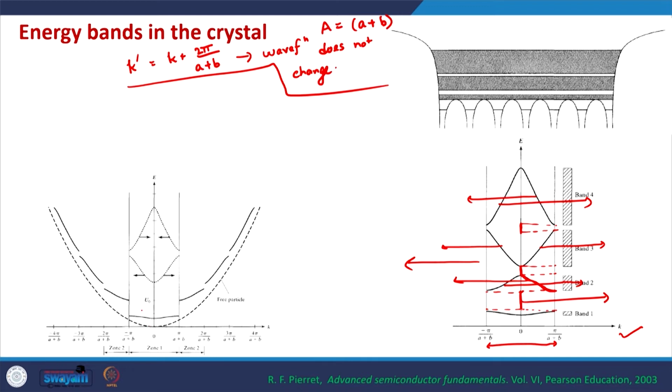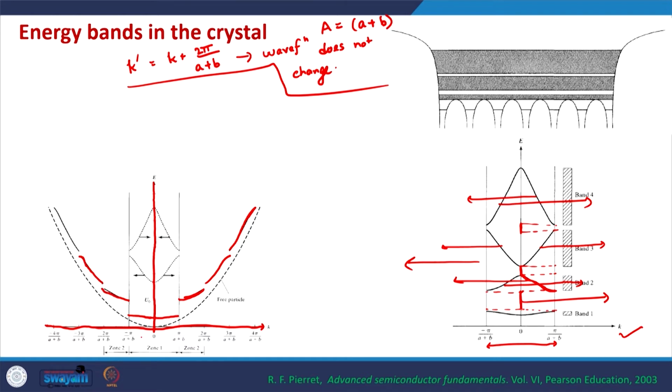This is what we obtain. Here the y axis is the energy axis and the x axis is the k axis, and on this EK axis system, these are the allowed values of energies as a function of k.